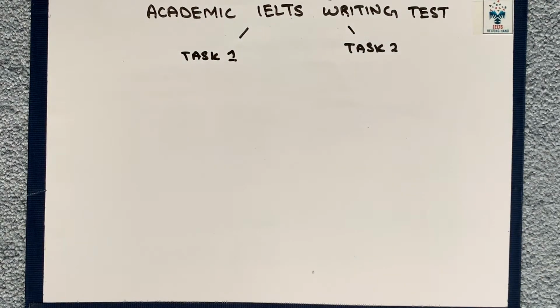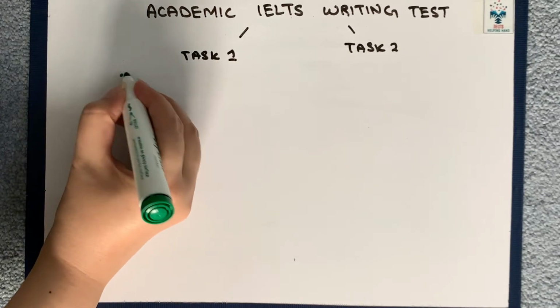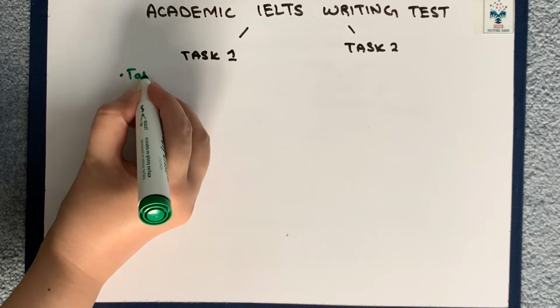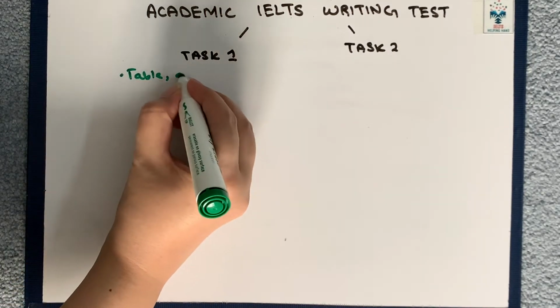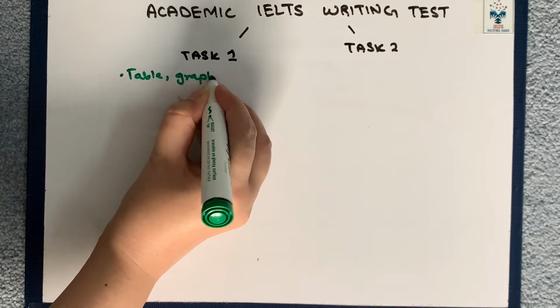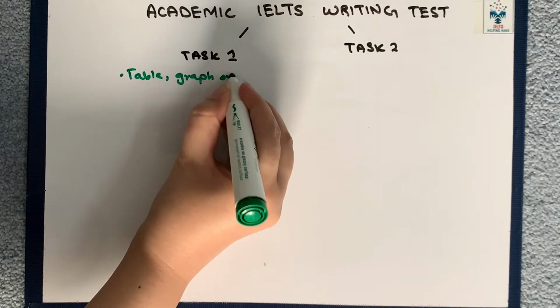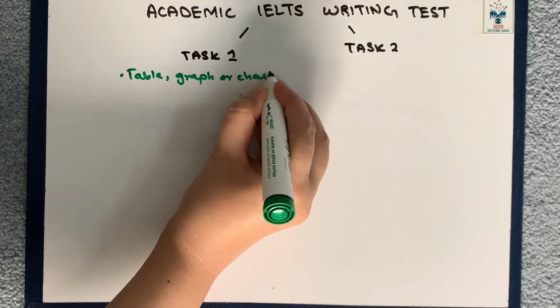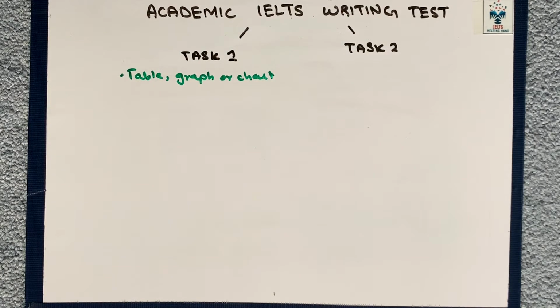In Task 1 of Academic IELTS, you will be presented with a table, graph or chart, and will be asked to describe, summarize or explain the information in your own words.